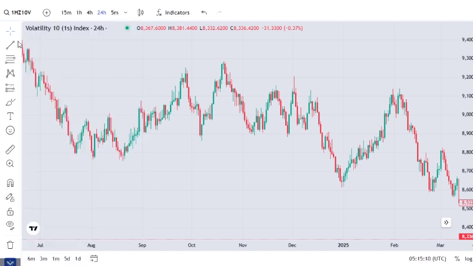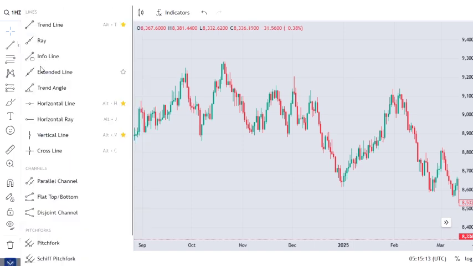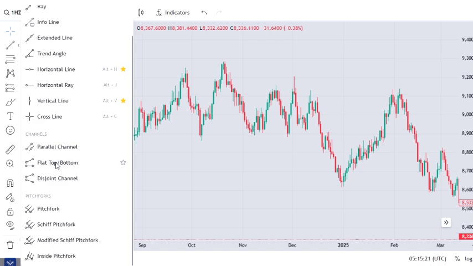In specific terms, it's what they call internal range liquidity and external range liquidity.